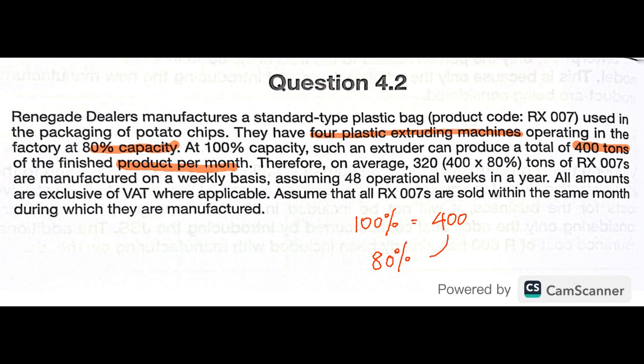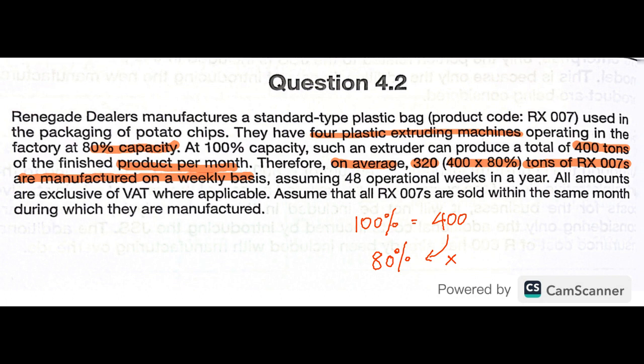So all you're going to do is take the 400 and multiply it by the 80%. So it tells you that therefore on average 320, which is the 400 times 80%. So 320 tons of this specific item are manufactured on a weekly basis.